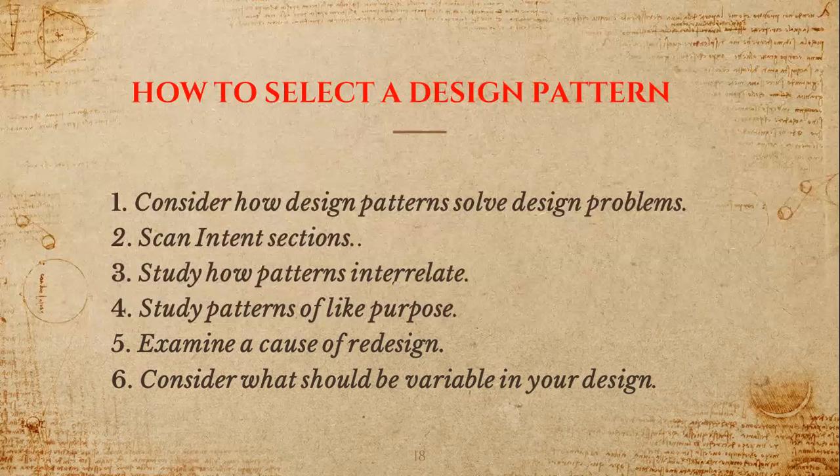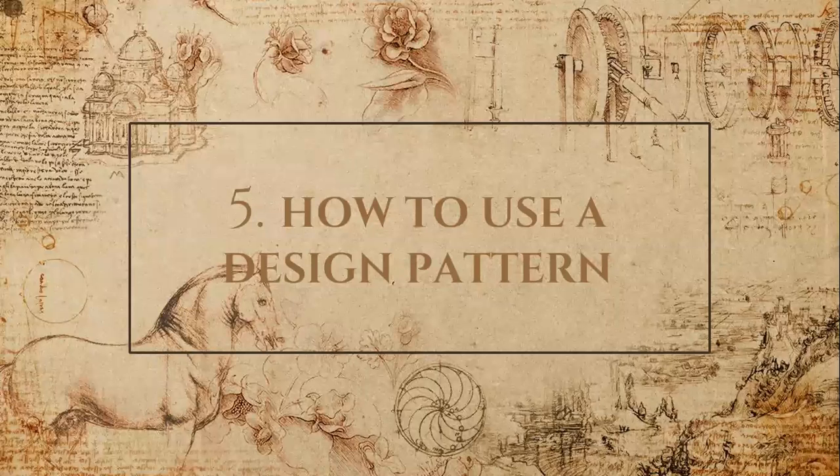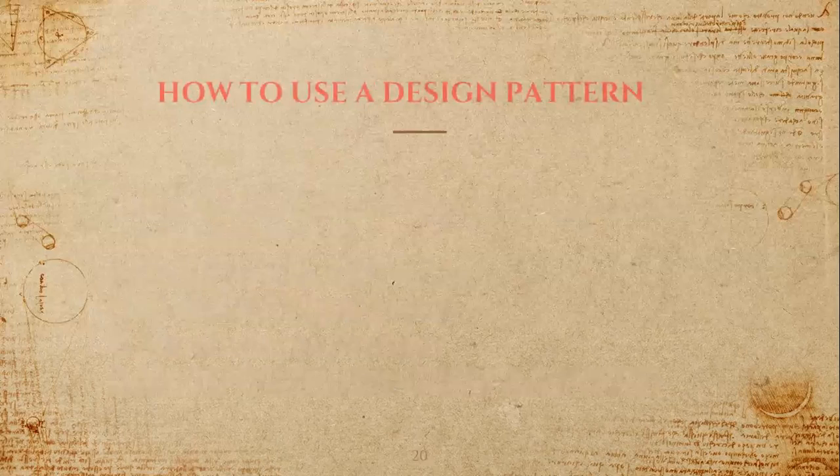Now, once after selecting the design pattern, we need to see how we can use it. So let us move to the next topic, that is how to use a design pattern. Once we pick a design pattern, how can we use it?